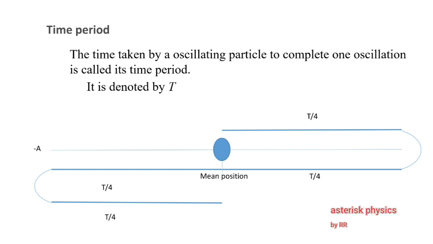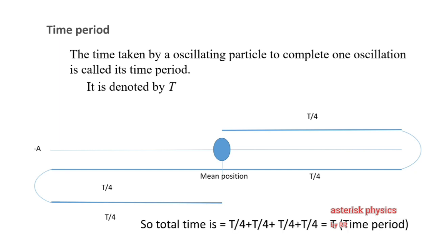Now the total time taken for this motion is T by 4 plus T by 4 plus T by 4 plus T by 4, which is equal to T, and that measures the time period. What is T by 4? It is the time taken by the particle to move from its mean position to one extreme end. The next T by 4 is the time taken to move from that extreme point to the mean position.